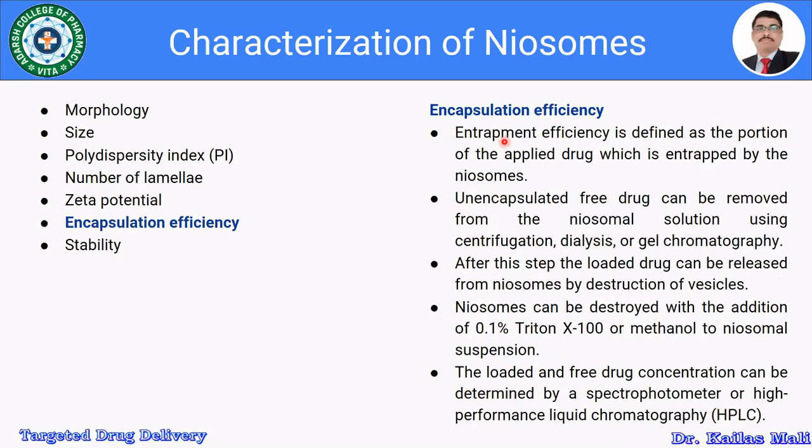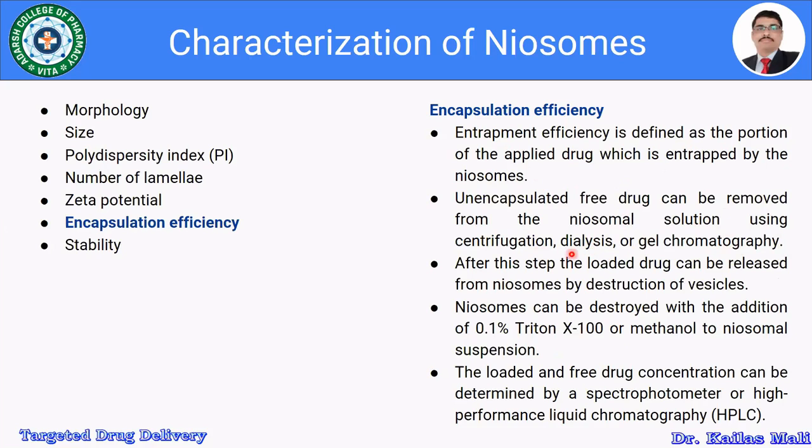Then the encapsulation efficiency of the Niosomes. The encapsulation efficiency is defined as the portion of applied drug which is entrapped by the Niosome, that is, how much amount of drug is enclosed in the Niosome. Unencapsulated free drug can be removed from the Niosomal solution using centrifugation, dialysis, or gel chromatography.